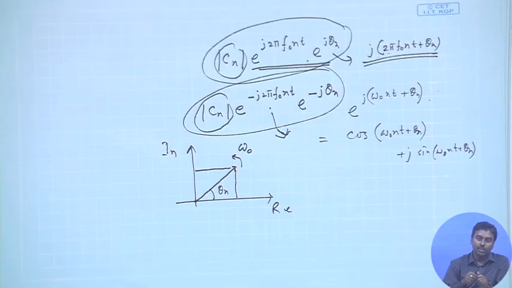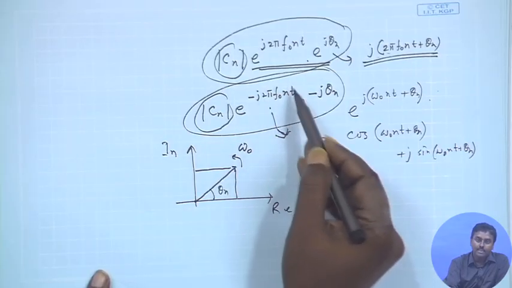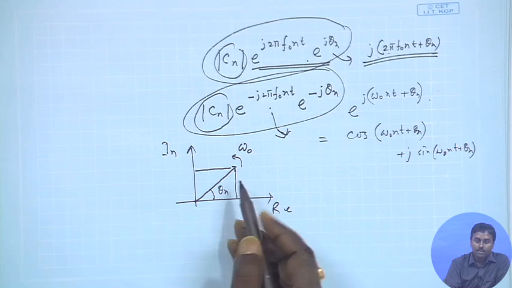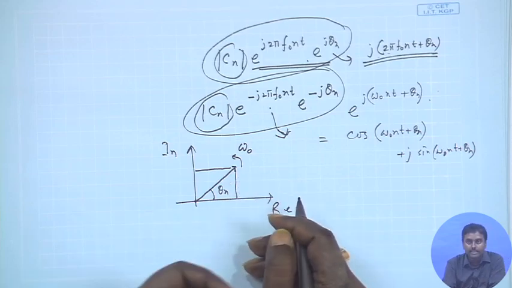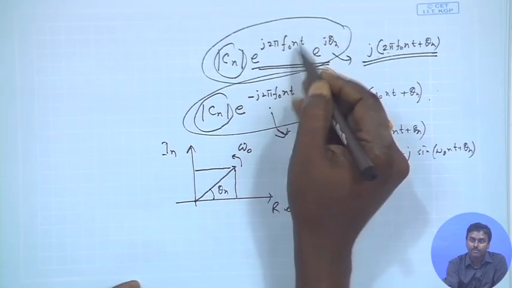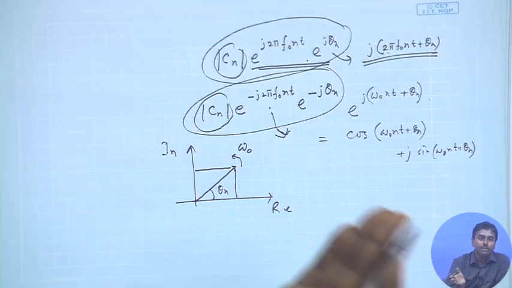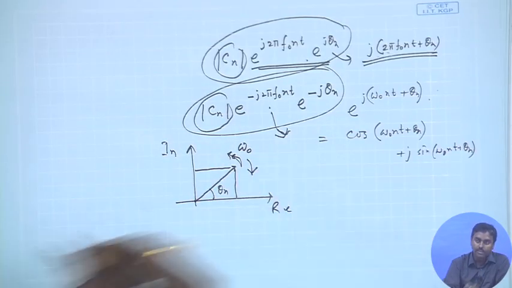It also has the theta n, but the rotation is in the other direction. This one is rotating in the positive direction; as we increase t, the cosinusoidal initially increases, whereas here if I increase t, I will see a reduction. So if one rotates on this side, the other rotates on the other side.